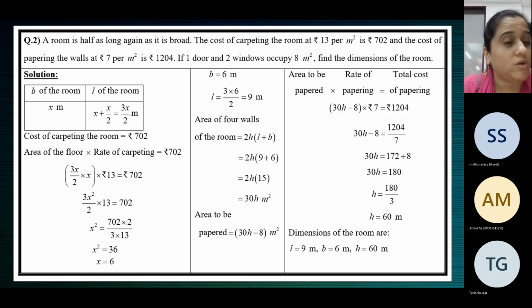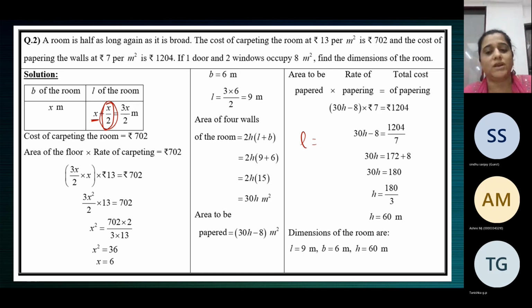No, this is a room that is half as long again. Long meaning length. Half as long again as it is broad. So if you call the breadth x, the length is x, which is the breadth, plus x by 2. Half as long again is this x by 2.